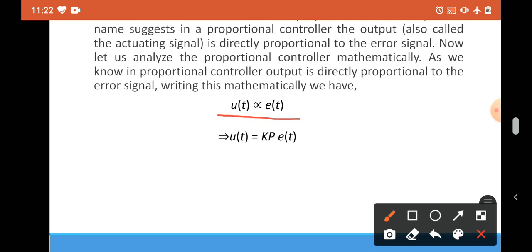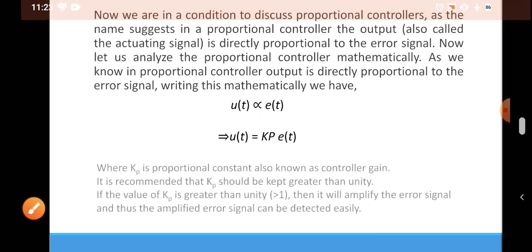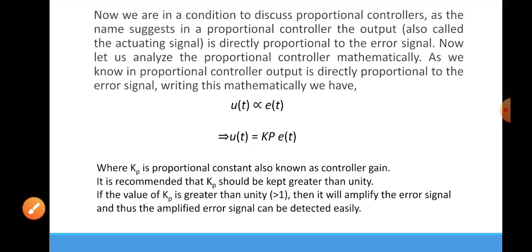Now if you take a proportional constant, this proportionality sign can be converted into an equality sign. So your u(t) will be equal to Kp times e(t), where Kp is your proportional constant, also known as controller gain.